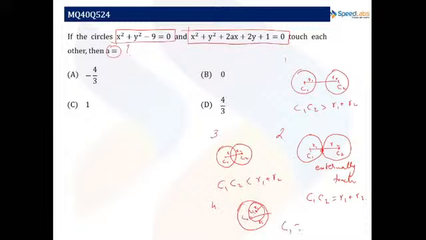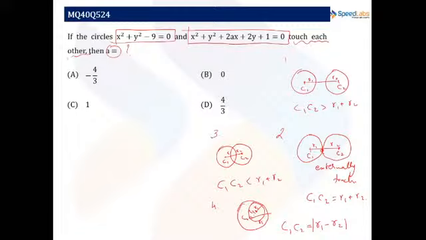In this case, C1, C2 is equals to mod of R1 minus R2. We have put the mod, the greater radius will be subtracted by the smaller radius. Now, we are given that they touch each other. It is not given that they are touching each other externally or they are touching each other internally.